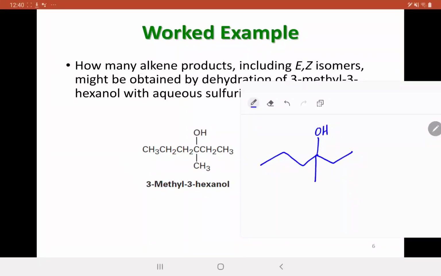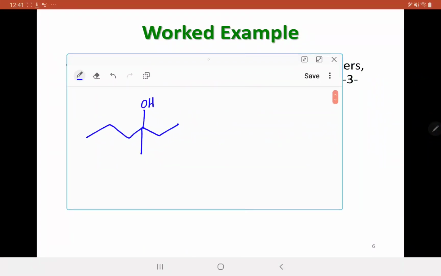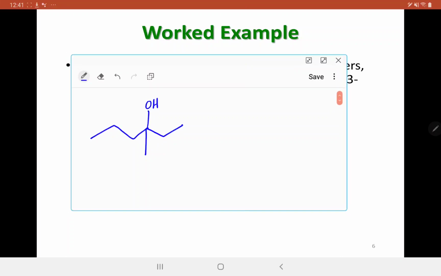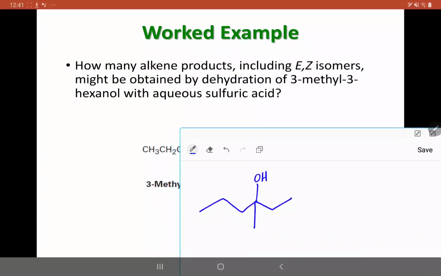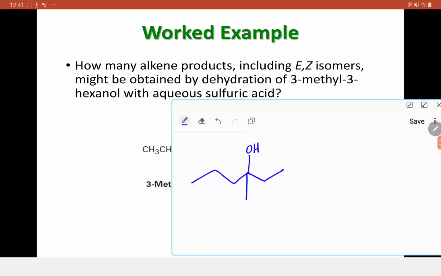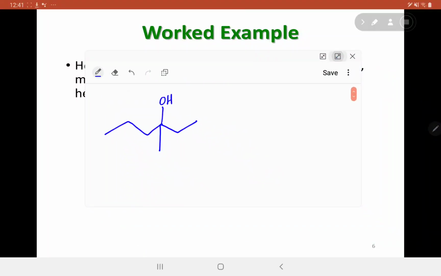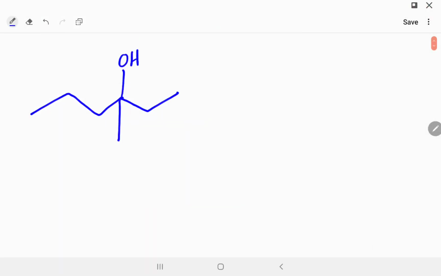This is the alcohol that you have, and you are treating it with sulfuric acid, so that is a dehydration type reaction. You are treating this with concentrated acid. So you might need a solvent like THF, and then let's figure out the products.